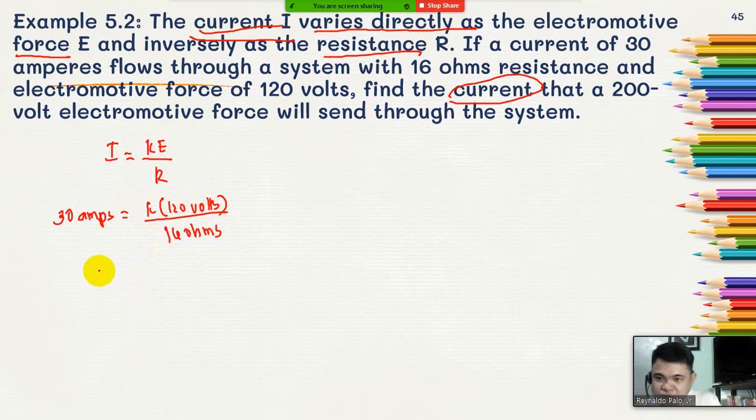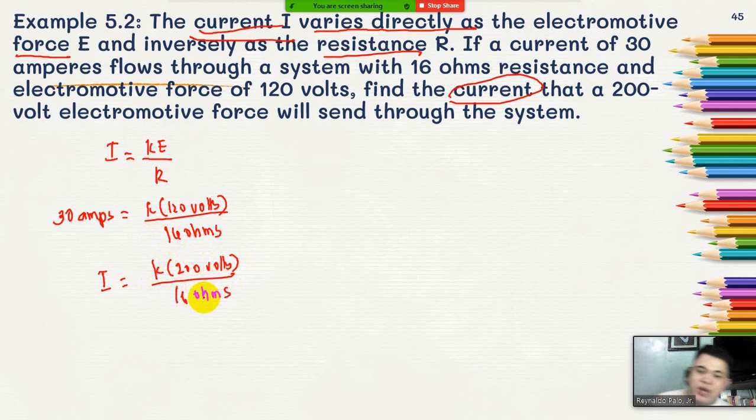Next, the unknown value, I, the second value of the current, equals K times the second value of the force, which is 200 volts, over 16 ohms. As you can see, we have the same value of the resistance because according to the problem, the resistance is constant at 16 ohms.